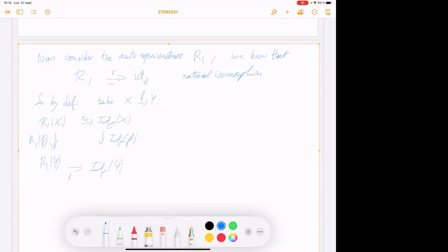And here, Ry. So again, I write identity. So this is x, this is y, and this is f, but I write identity to see what we are doing.